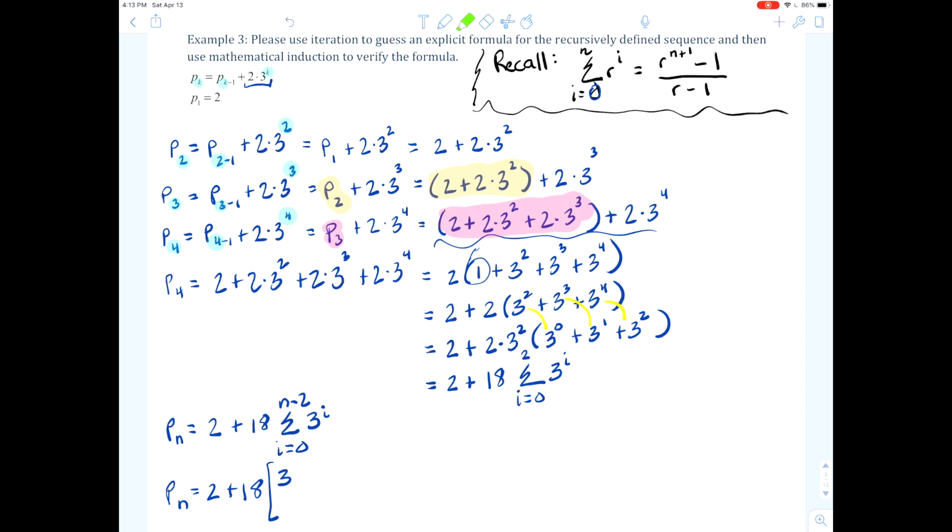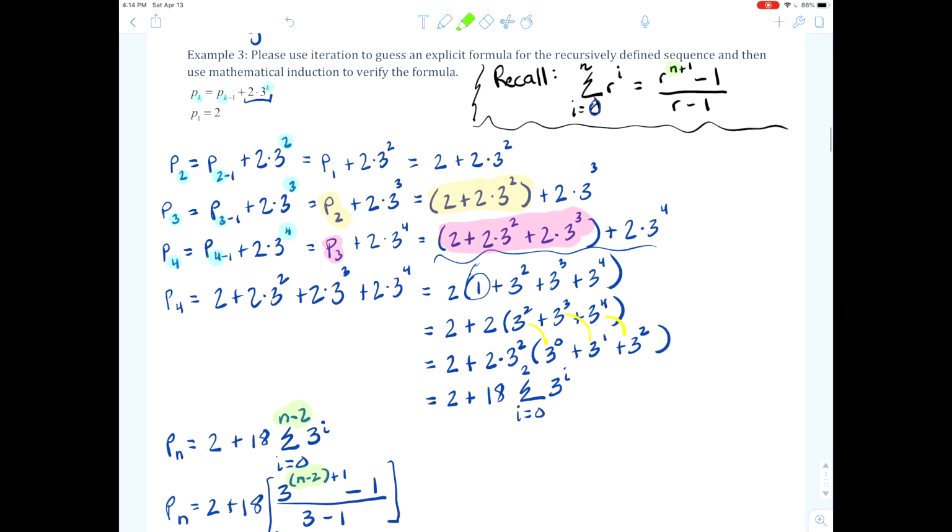And then we're going to say just the n, okay? So n for the n, we're going to put in n minus 2, all right? So that will end up being what? 3 raised to the n minus 2, and then we have to add 1. We're going to subtract 1 from that, and that's going to be over 3 minus 1. And so again, this is what we're plugging in for the n in this geometric formula over here.